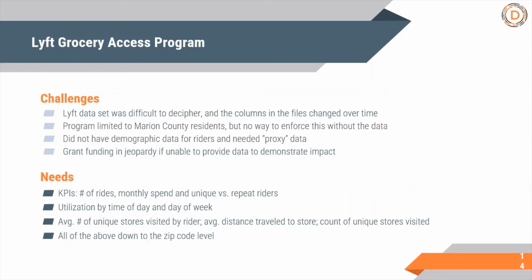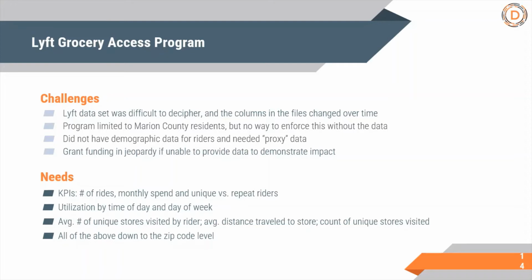We were collecting just the basic numbers in an Excel spreadsheet, and that Excel spreadsheet would go into a file and sit there. But we knew that we were going to have to do more to translate that data into a way that we can demonstrate the impact of the program.